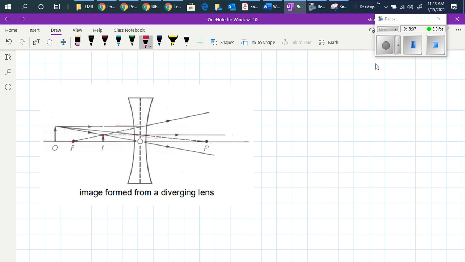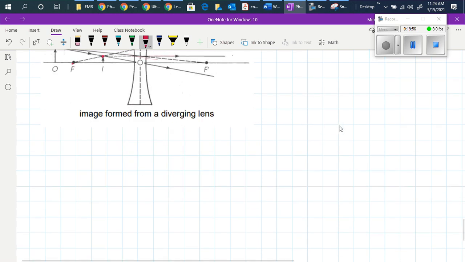And always, when the reflected rays have an intersection, that is the reflected ray, not the extension of the reflected ray, then the image is a real one. Otherwise, it is a virtual one.